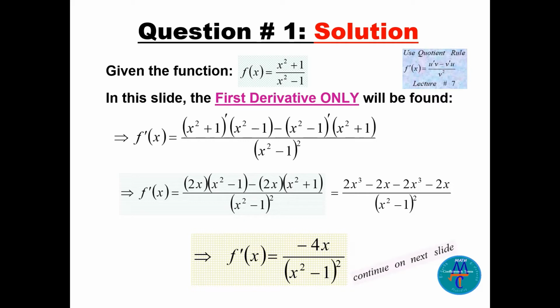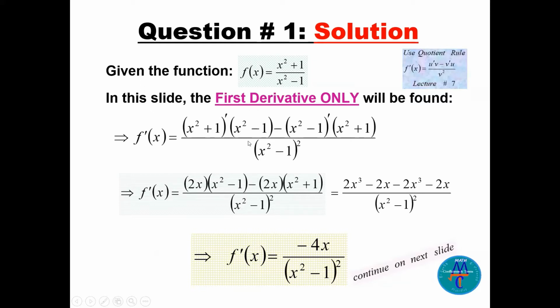So I can use the quotient rule. I wrote it here for you from lecture number 7: u prime v minus v prime u over v squared. The derivative of x squared plus 1, times x squared minus 1, minus, from the formula, the derivative of x squared minus 1, times x squared plus 1, divided by the denominator v squared.